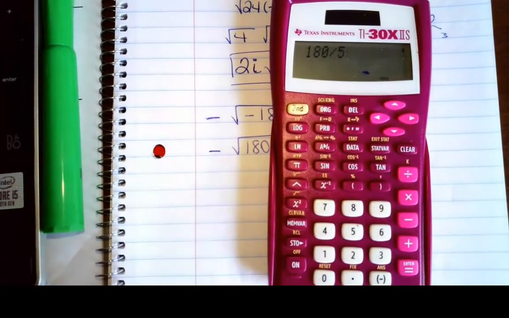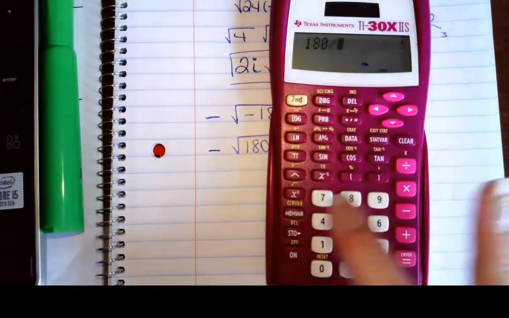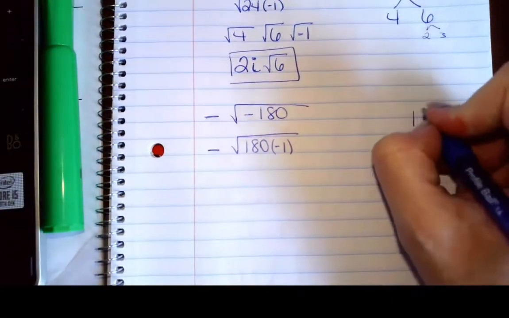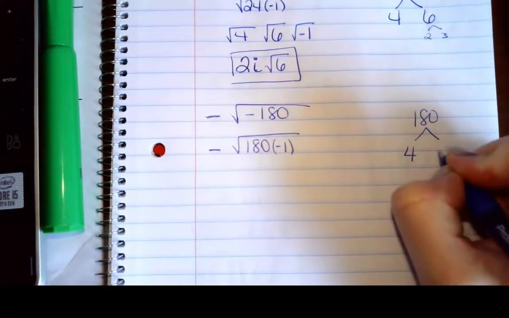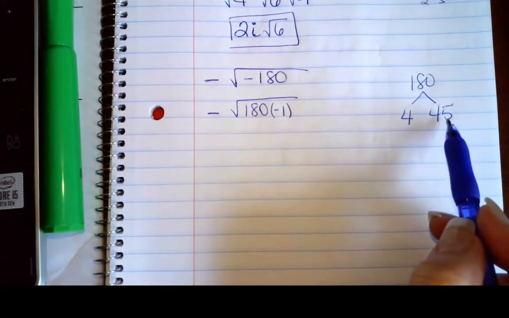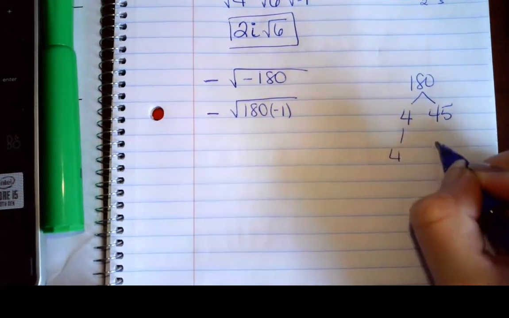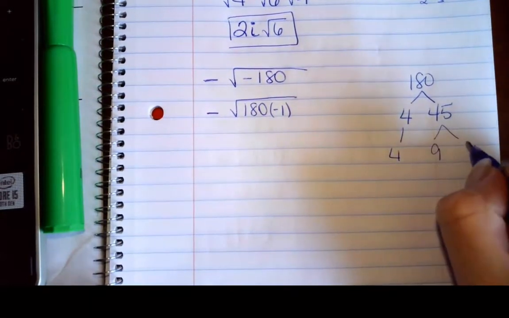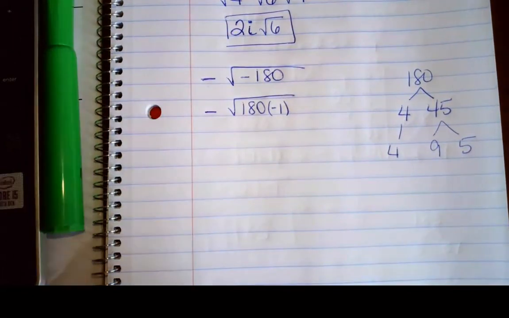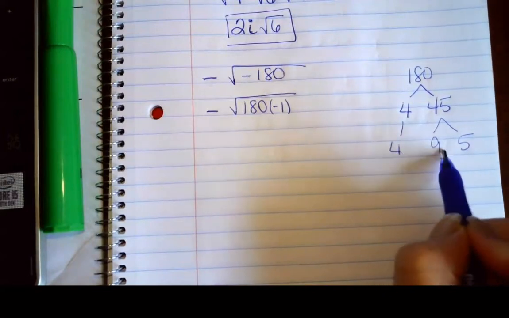180 divided by 4 gives me 45. Now in the back of my head, I know that 45 can break down as well. So 45 is going to break down to 9 times 5. Okay, so what do I have here? 4 times 9 is 36.